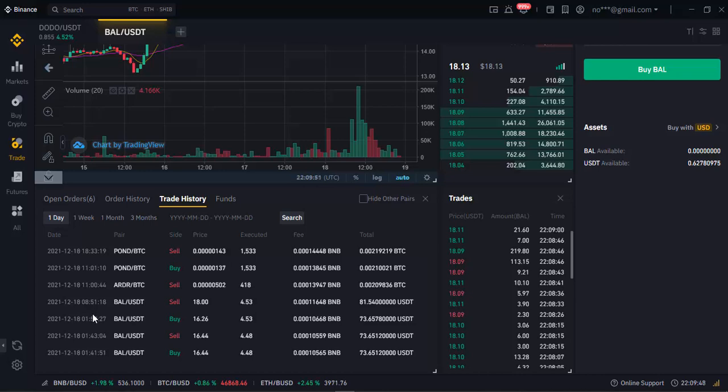Within 7 hours we have made 7.89 USDT, just because we entered with a little amount. We would have made more than that. All right, so I believe you have seen how to set up a buy order to buy low and also to sell high. This is how simple it is.